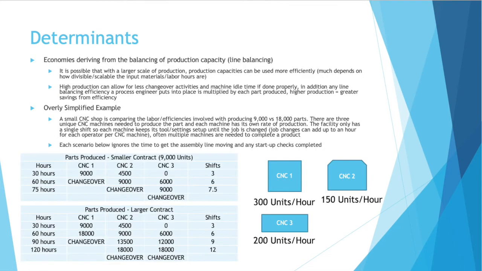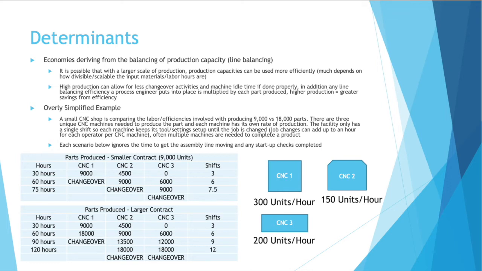You can also gain economies from the balancing of production capacity, line balancing. So it is possible that with a larger scale of production, capacities can be used more efficiently, although much of it depends on how divisible or scalable the input materials and labor hours are.